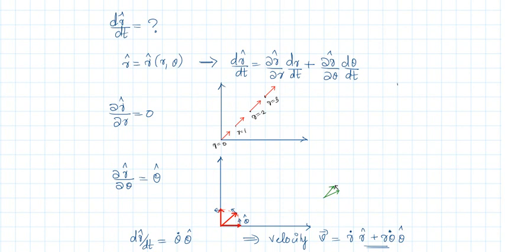I will explain. Unit vector i cap is defined as the vector along the x-axis. And if you draw i cap at different points, all will point along the positive x-axis.